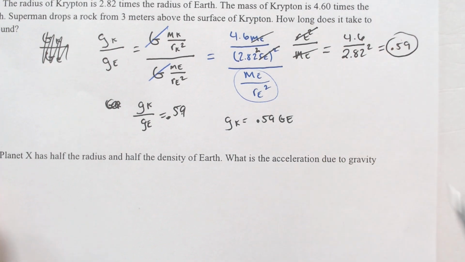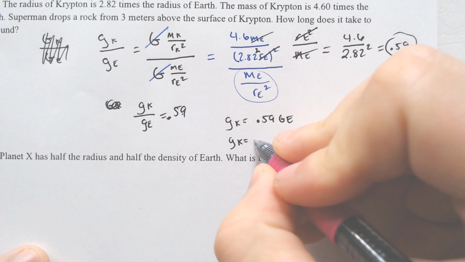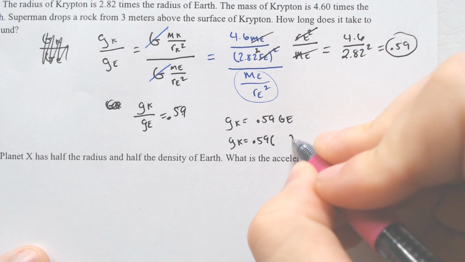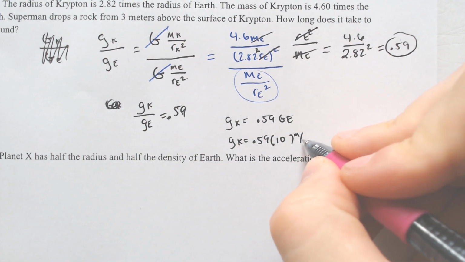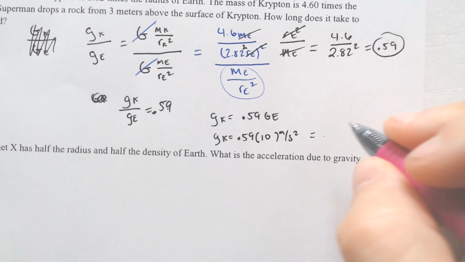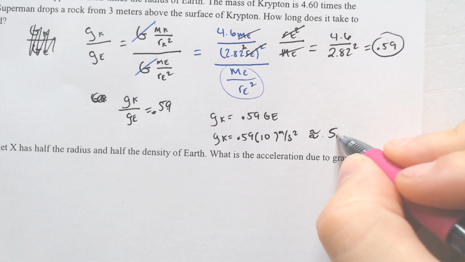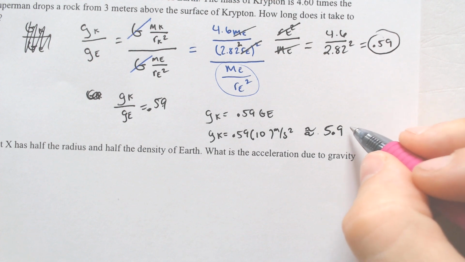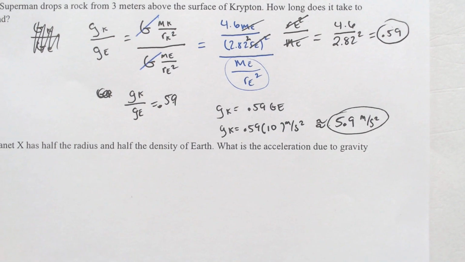And if you know the gravity of Earth is either 9.8 meters per second squared, or you could think of it as 10 meters per second squared, the gravity of Krypton, therefore, would be 0.59 times 10 meters per second squared. And if we do that, you would find out that gravity on Krypton is approximately going to be 5.9 meters per second squared, which would be the acceleration due to gravity, which was not the main question.